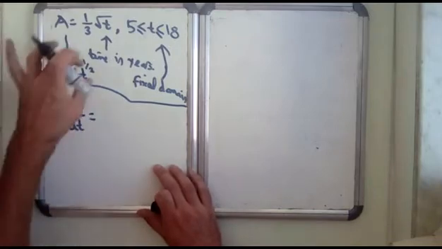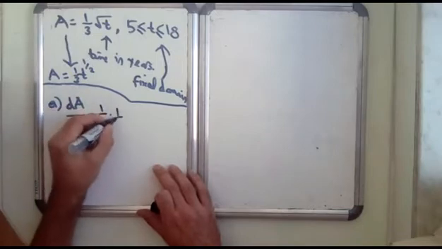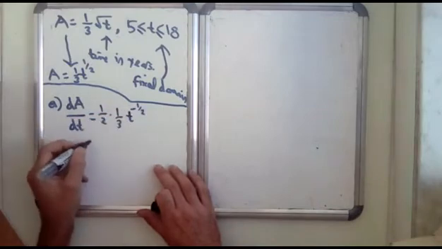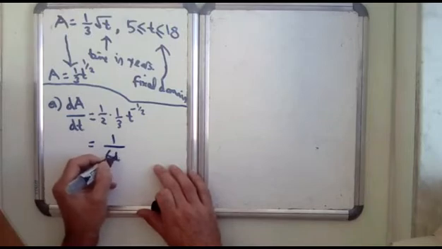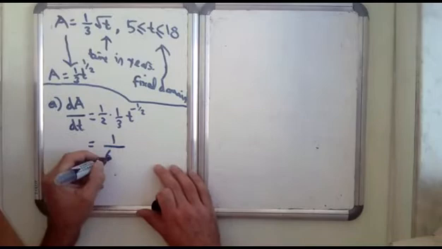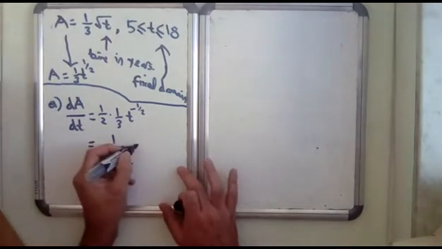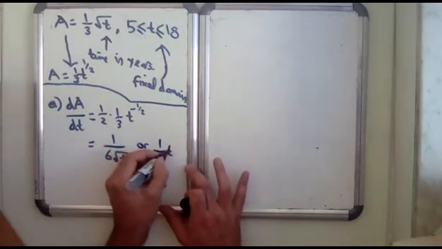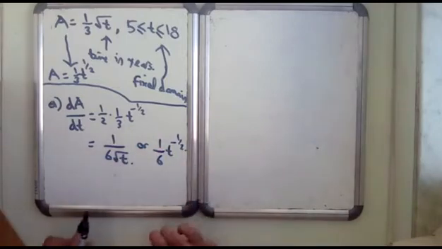So dA by dt, bring the half to the front, times by the third: a half times 1/3 times t to the minus a half. Tidy it up. Half times a third is a sixth, so it's 1/6 root t, or 1/6 t to the minus a half.